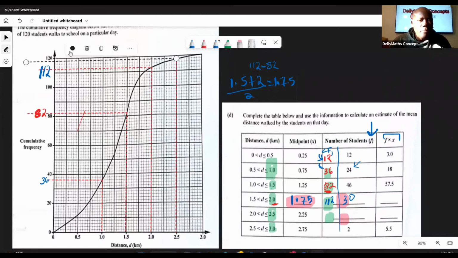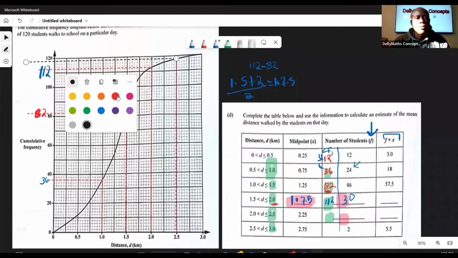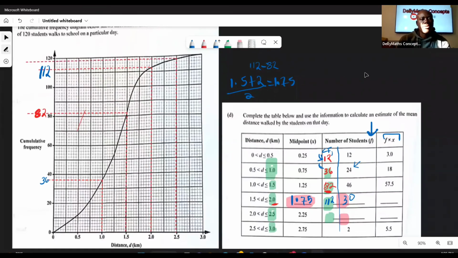When we go across, that's 118, the cumulative frequency. So 118 minus 112 will give us 6. So this is 6 right there.